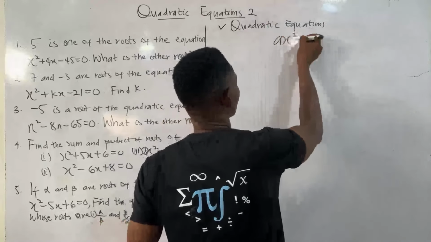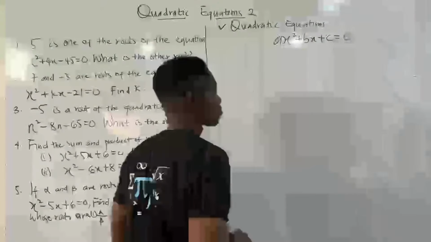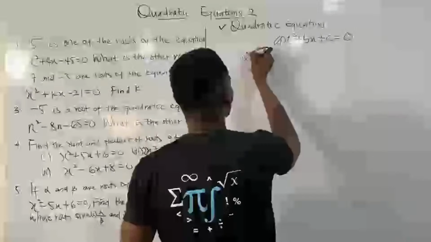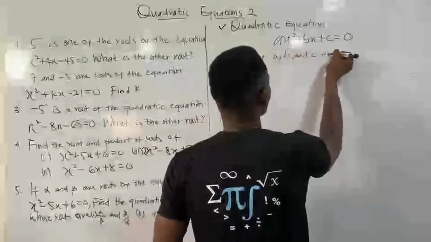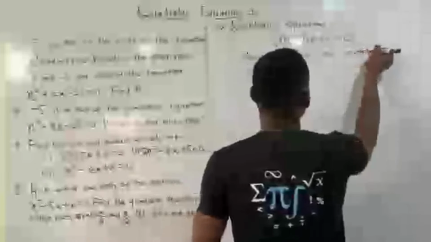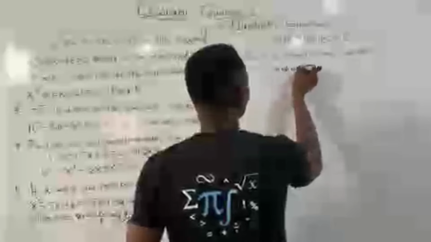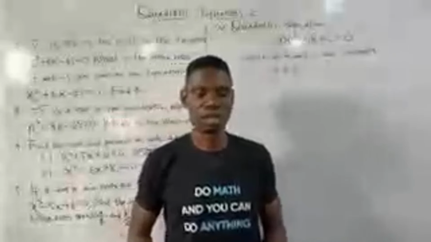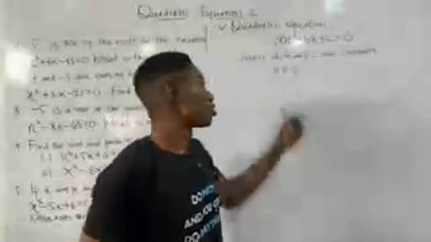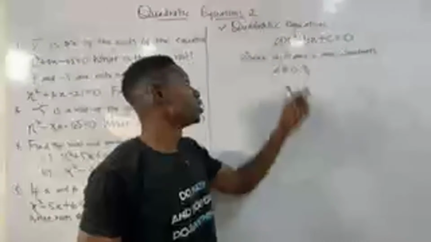It is an equation that looks like this, ax² + bx + c = 0, where a, b, and c are constants and a is not equal to 0. It's a polynomial of degree 2.